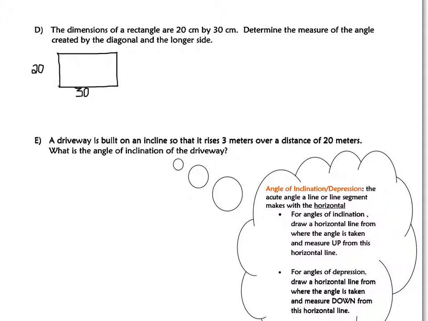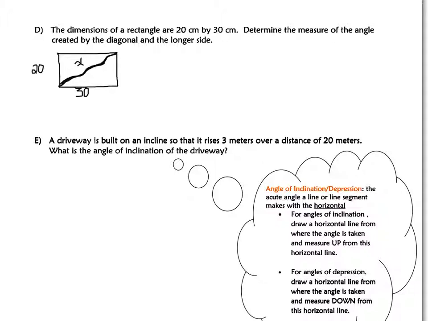And the diagonal would be the line segment that joins non-consecutive vertices. I can't draw a straight line diagonally for some reason, so you'll have to just pretend that's a straight line. It should not be curved. Anyway, that's the best I can do there, sorry.